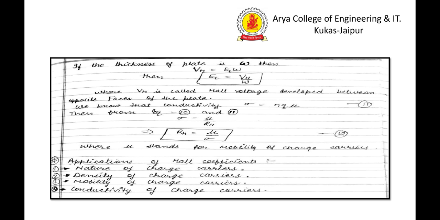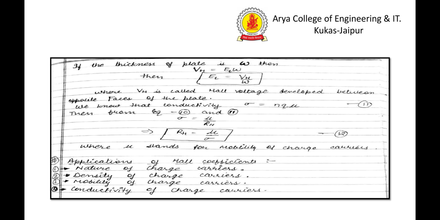If Hall coefficient is positive, charge carriers are holes. Number 2 application, density of charge carriers. By this relation R_H is equal to 1 upon nq, we can calculate n, density of charge carriers.